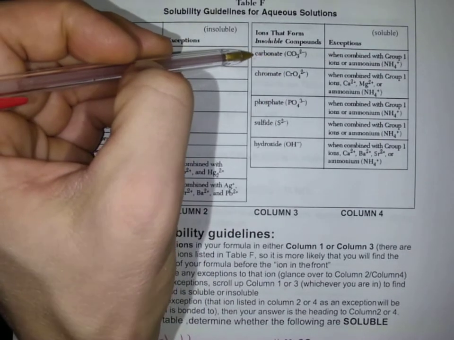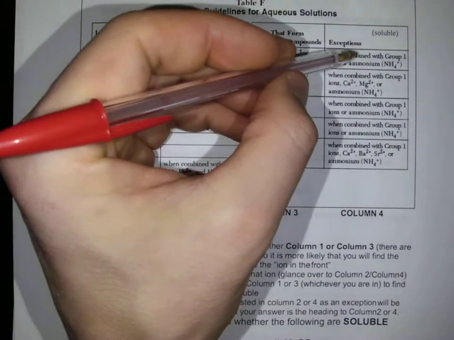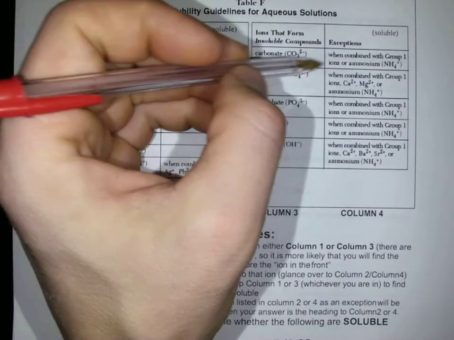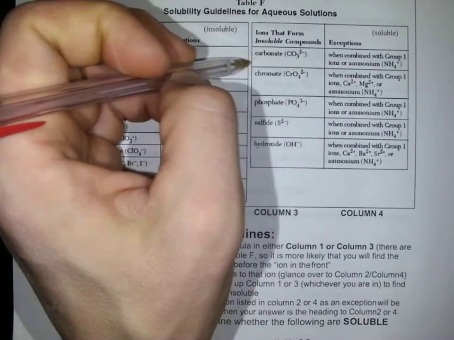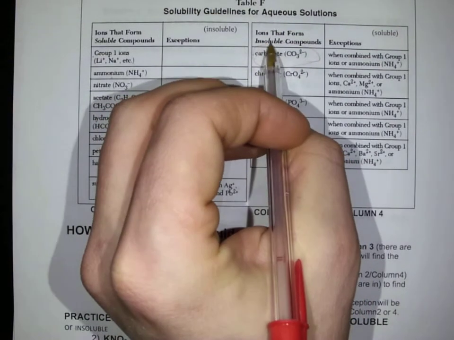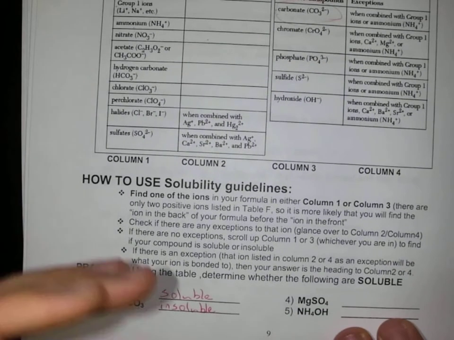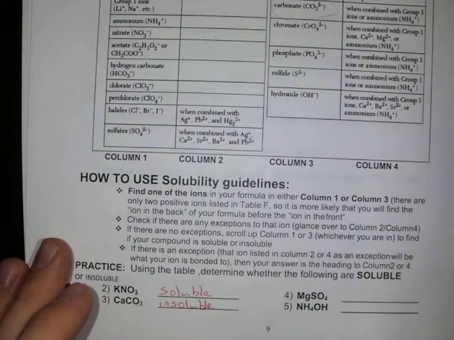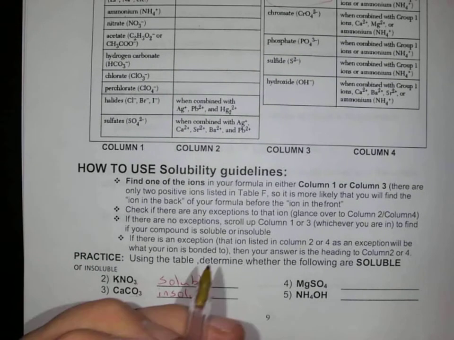Carbonate is combined with calcium, which is not a group 1 ion and is not ammonium. So it is still in this section right here, which means that it is an insoluble compound. That is how we can use this table to understand what is soluble or insoluble.